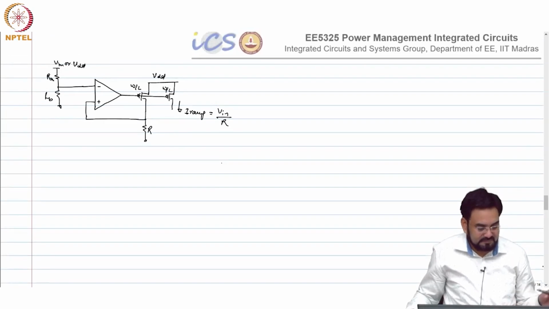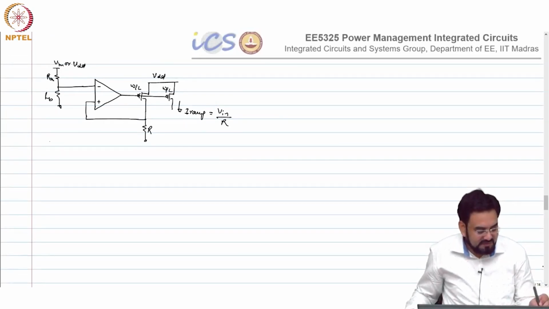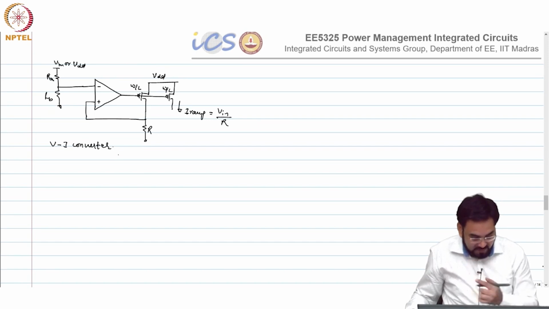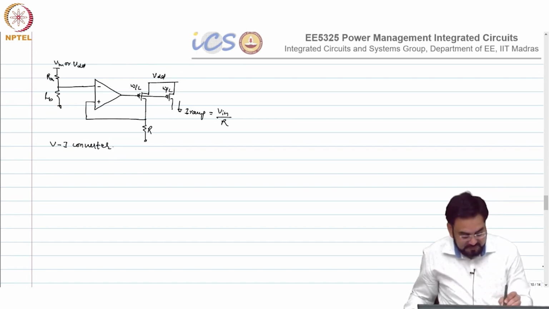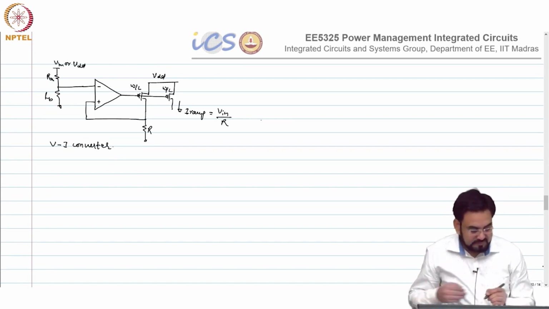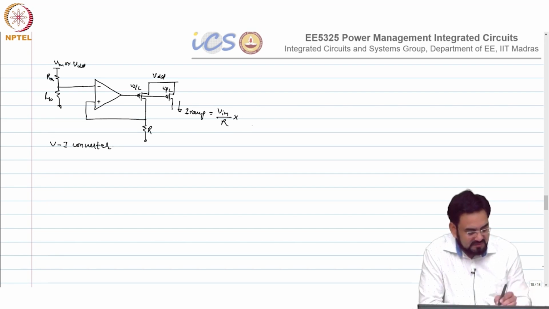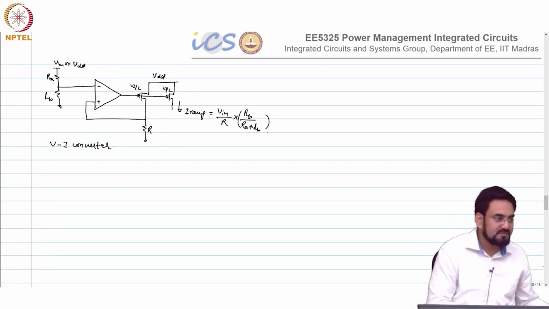This is nothing but a V to I converter. So in this case IRAMP becomes, you have this RB over RA plus RB factor that will also come.